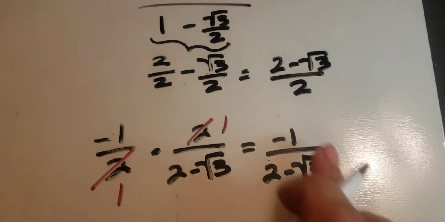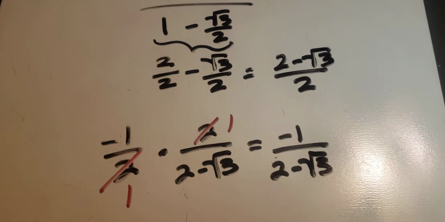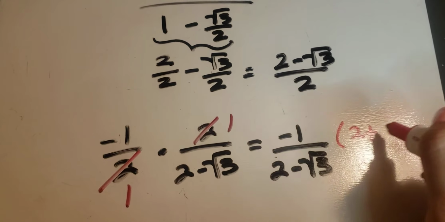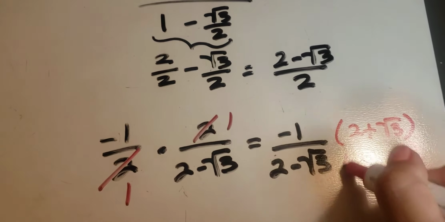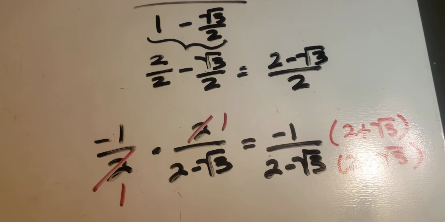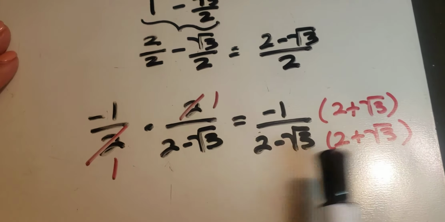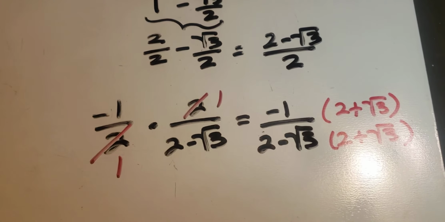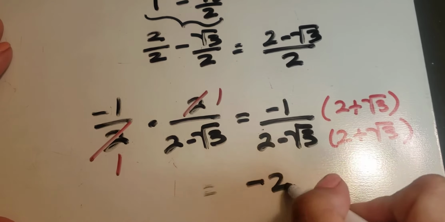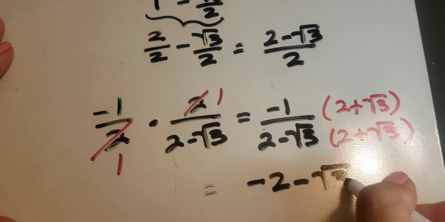Remember, since these are values, I shouldn't have any radicals underneath. So I'm just going to multiply the numerator and the denominator by the conjugate. The numerator will be very simple: we'll just have negative 2 minus radical 3.